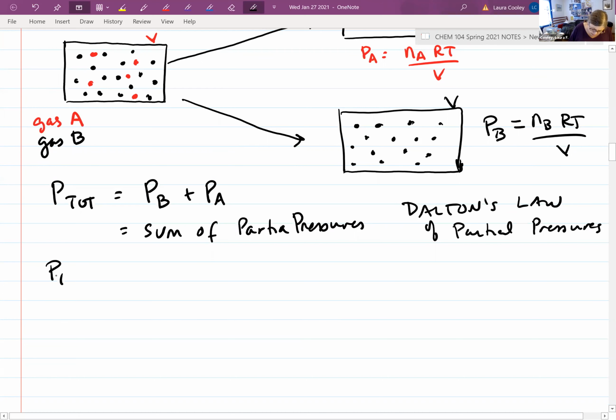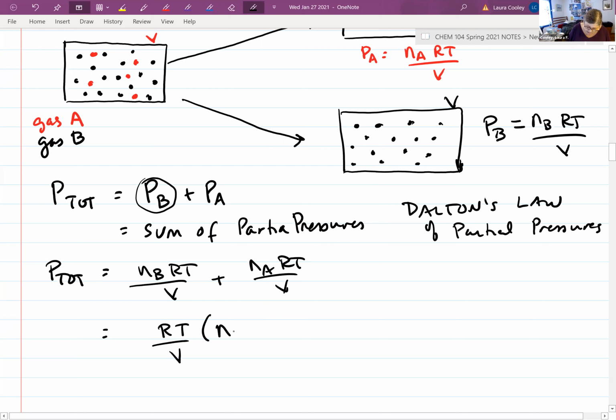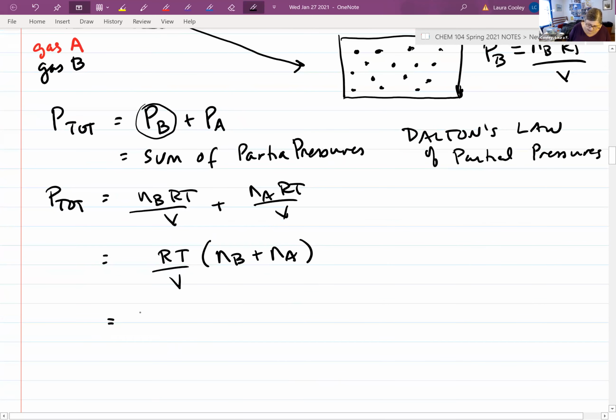So that means that P total is, okay, PB was NB RT over V, and PA was NA RT over V. So I can add these together because I can factor out RT over V. And what is that? Well, this is just N total. So this is N total RT over V. Okay, so anyway, this all fits together.